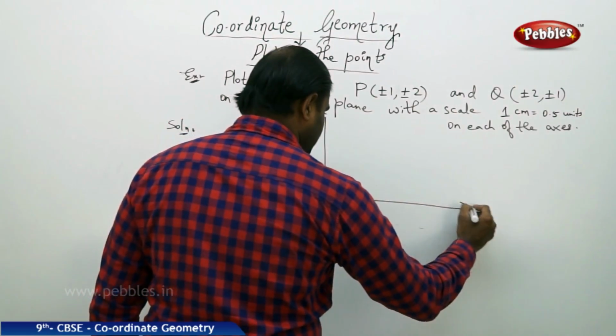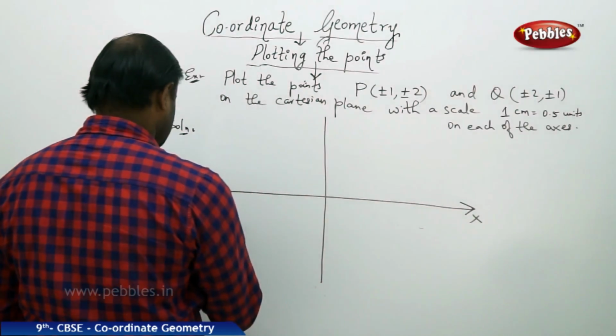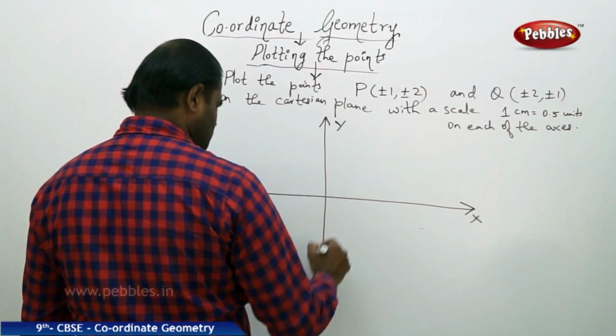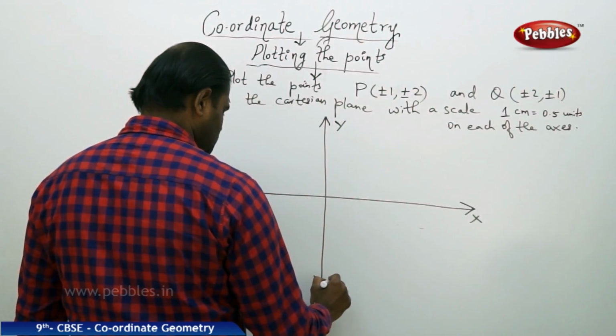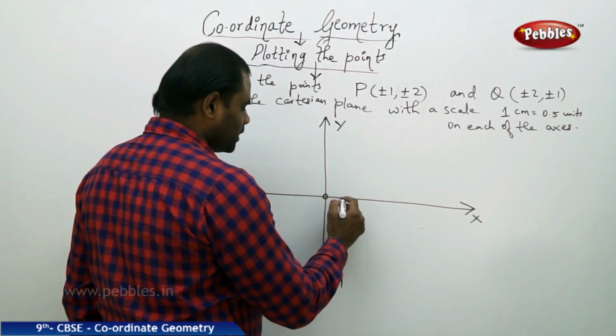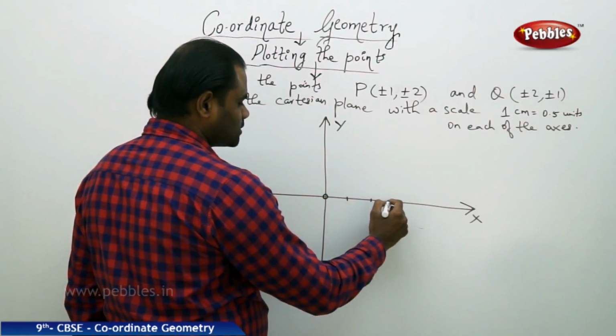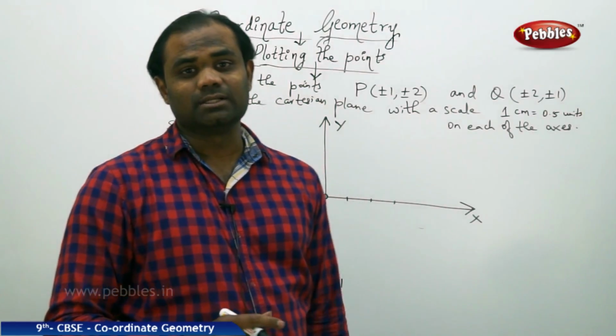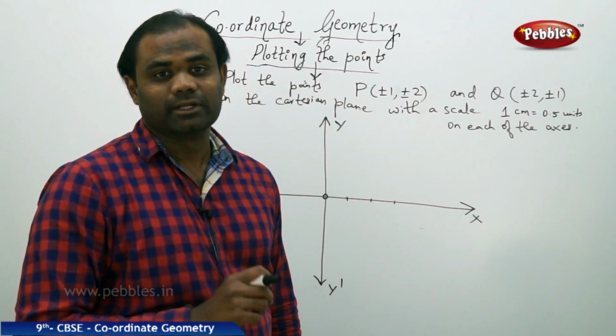Considering the Cartesian plane x, x dash, and y, y dash, let's try to make the 1 centimeter grids. The first thing we identify in doing this type of problem is locating the grids.